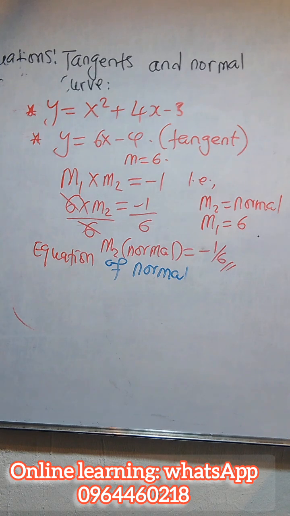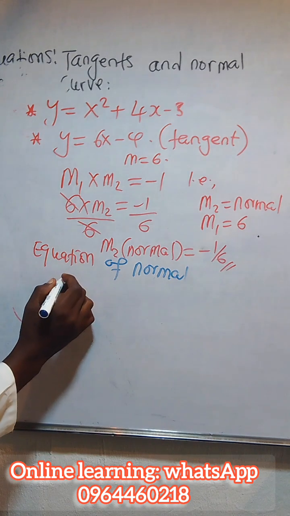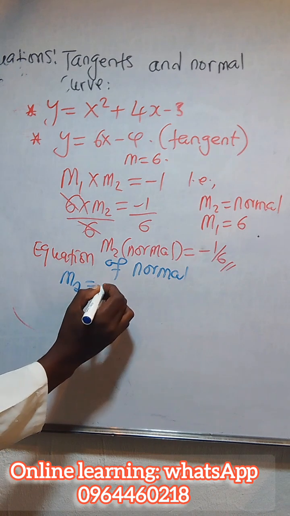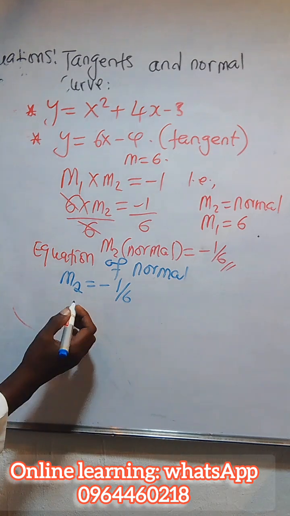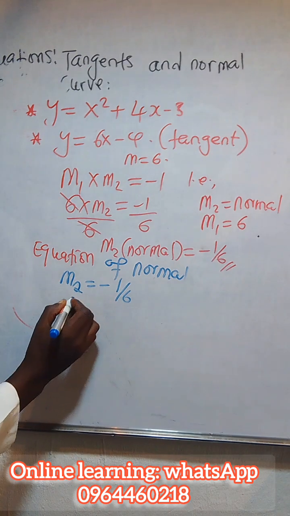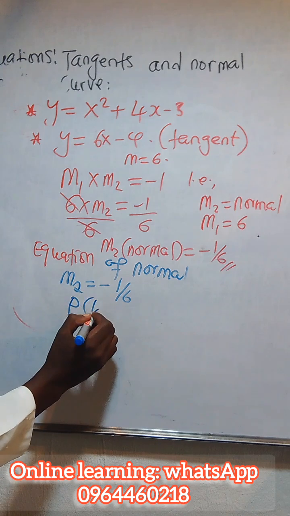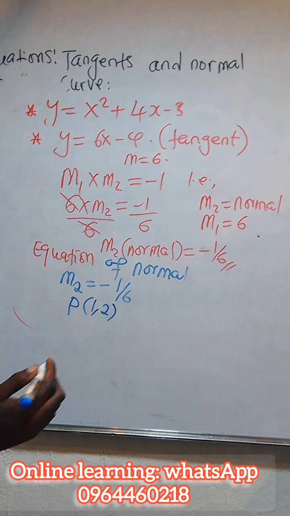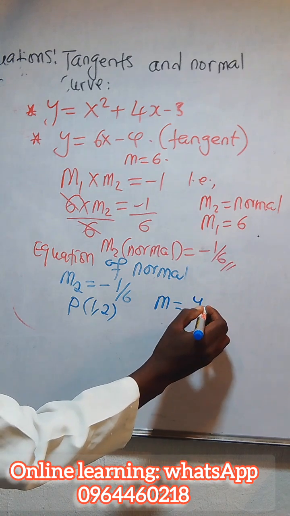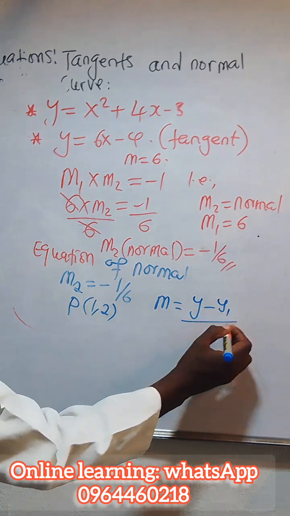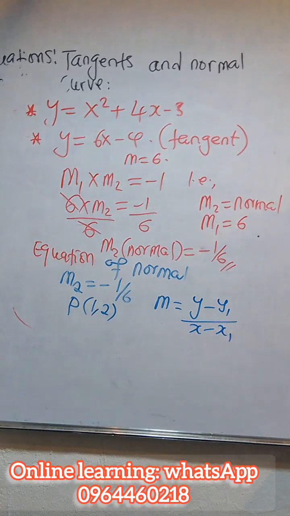Now we know that the gradient, which is m2, is negative 1 over 6, and the coordinate, which is just the point, is 1, 2. So we can say m equals y minus y1 divided by x minus x1.